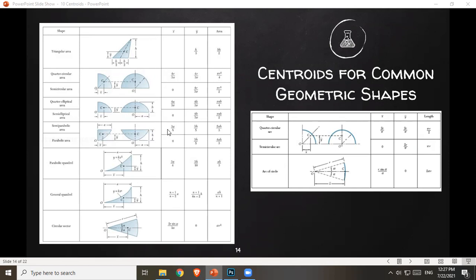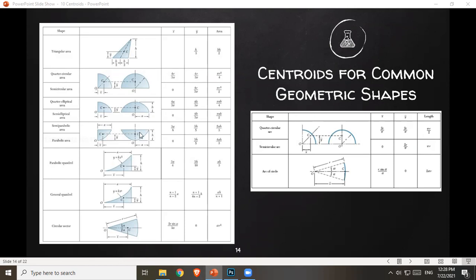For a, if you remember the latus rectum, that's 2a. So half of that is your a. And then y bar, distance from this point here at the bottom, that's 3h over 5.